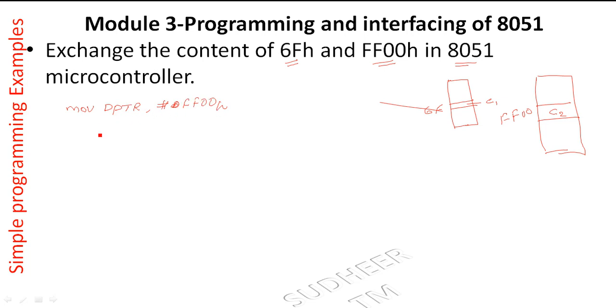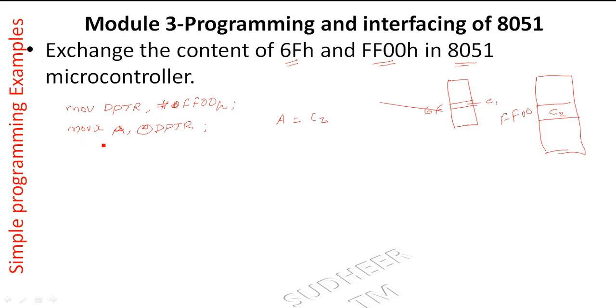Now we need to get this data into the microcontroller. The transfer of data from external memory will be through the accumulator. So we can use the instruction MOVX A, @DPTR.